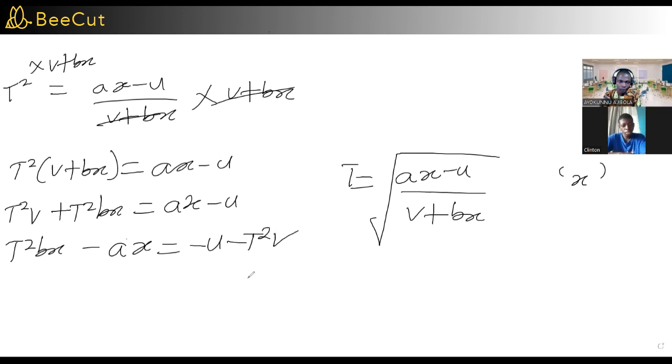Are you following? Yes, sir. So here now, what is common to this side? x. And that's what we're making the subject. So x times (t squared minus a) equals negative u minus t squared b. Then this one you can factorize by putting negative outside the bracket, or you can leave it like this, it doesn't matter.